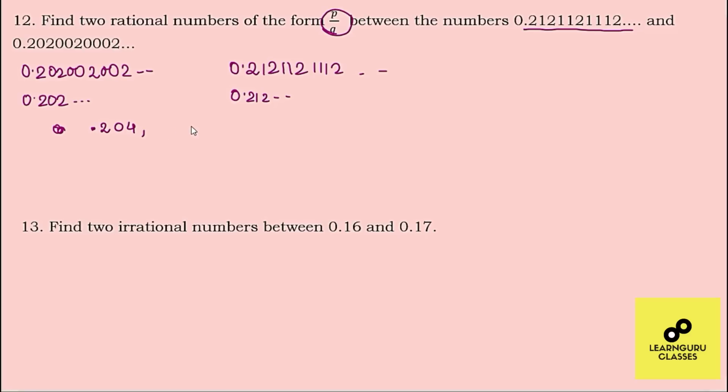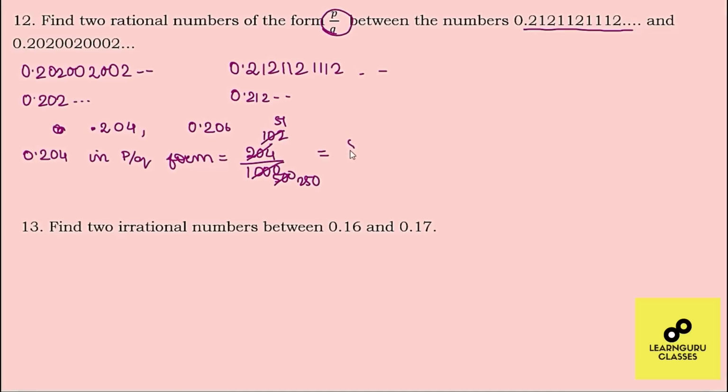You have to convert it into a fraction. There are three digits after the decimal, so you will write the numerator as 204 and the denominator will be 1000. If you want to reduce it further, that will be 102 over 500. Reduce again, 51 over 250. So 51 by 250 is a rational number in p by q form.